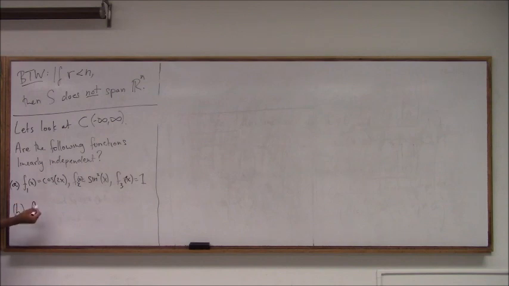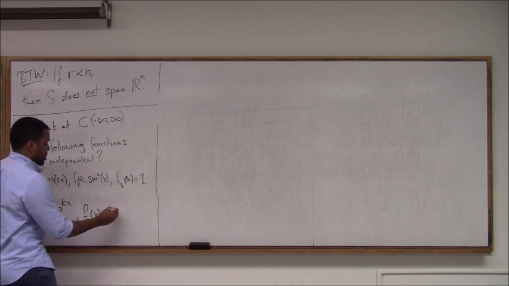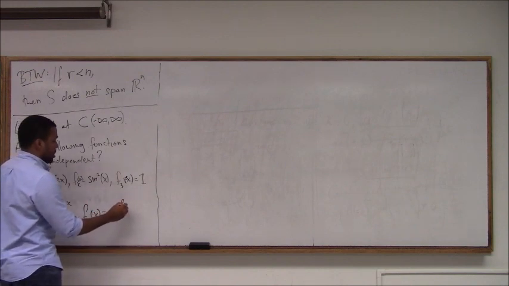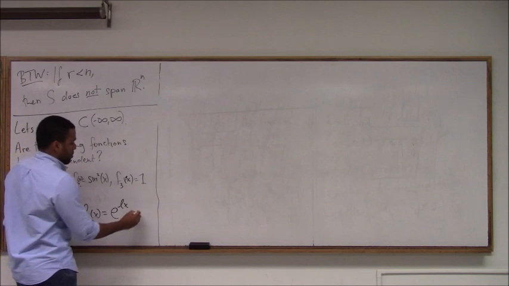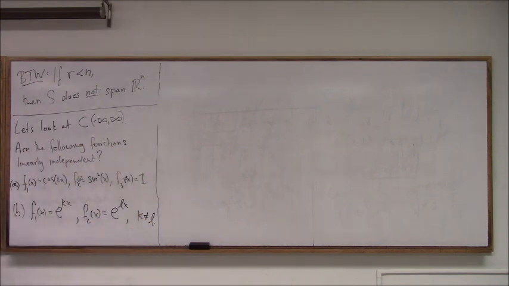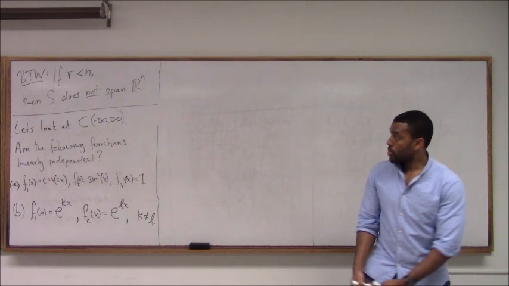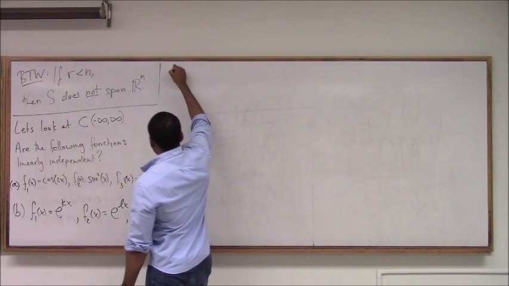Let's say, again, I choose 2 functions. e to the kx, where k is a scalar. The second function is e to the lx. Let's assume here k is not equal to l. And I want you to describe to me, are these functions independent or dependent?